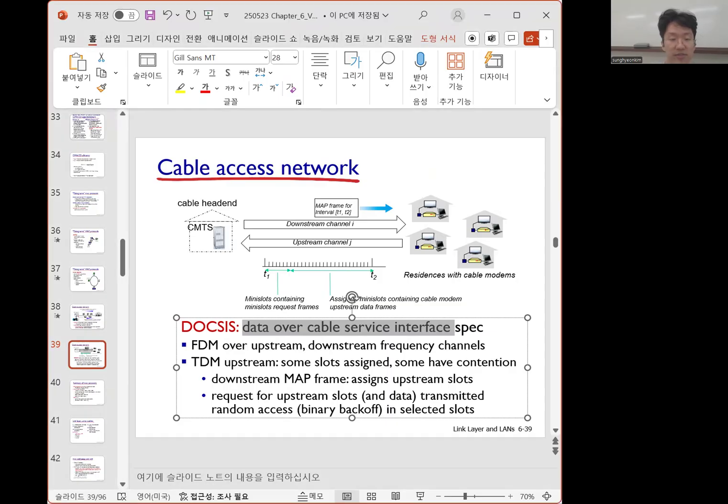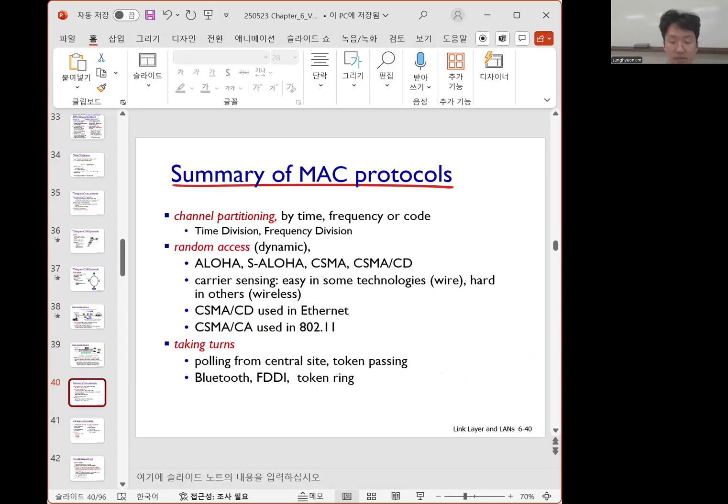There's a difference between FDM over upstream and TDM upstream, which is downstream frequency channels and some slots assigned. Some have contention: downstream MAP frame assigns upstream slots, request for upstream slots is transmitted by random access in selected slots. So the summary of MAC protocols is channel partitioning, random access, and taking turns.